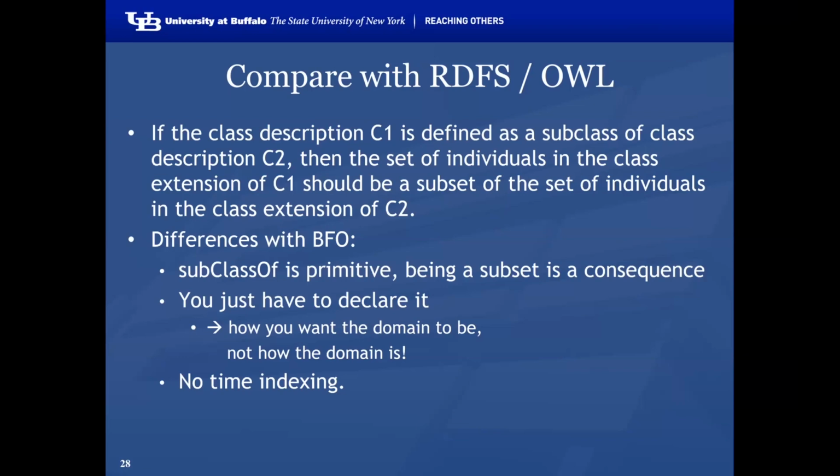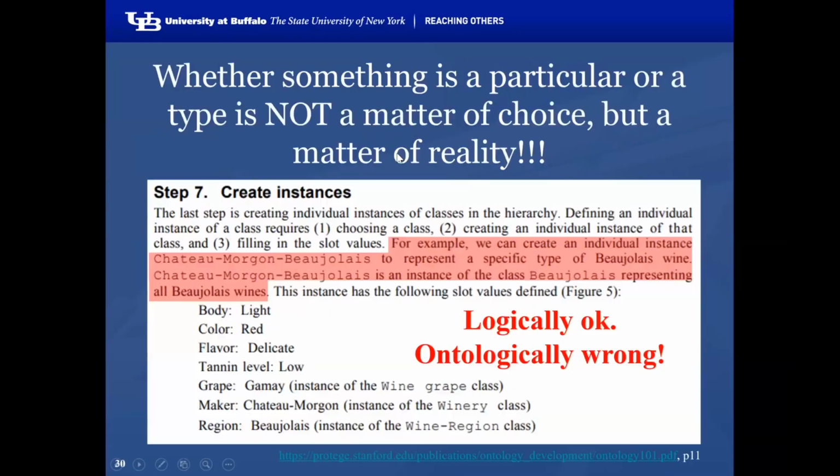While for the realism-based approach, it is exactly the other way around. It is because all the instances are such that they instantiate different kinds of universals at the same time that we can use the ISA. So do not invert that. And like I said, there is also no time indexing in the OWL rendering of BFO.